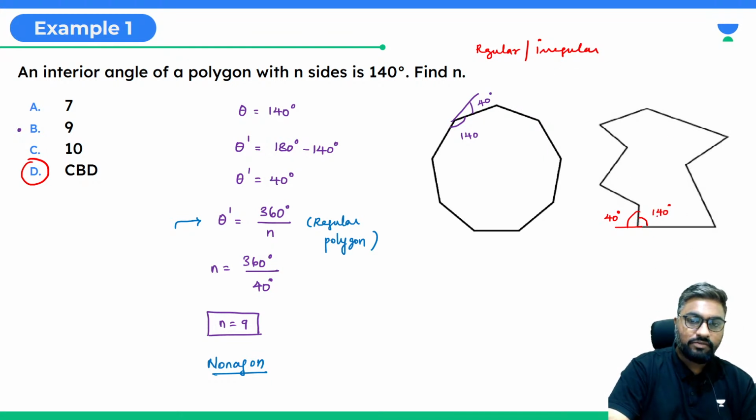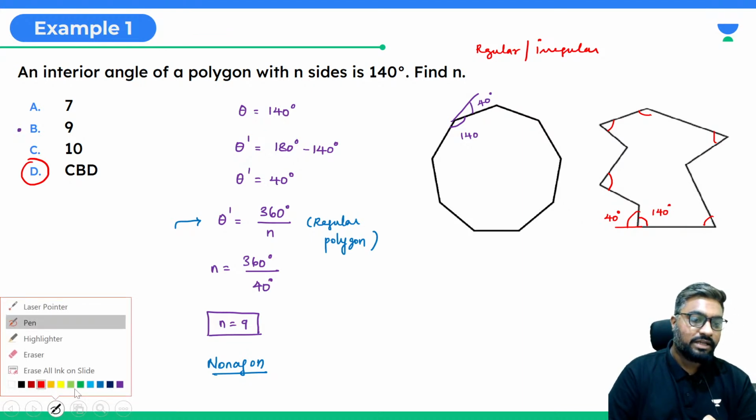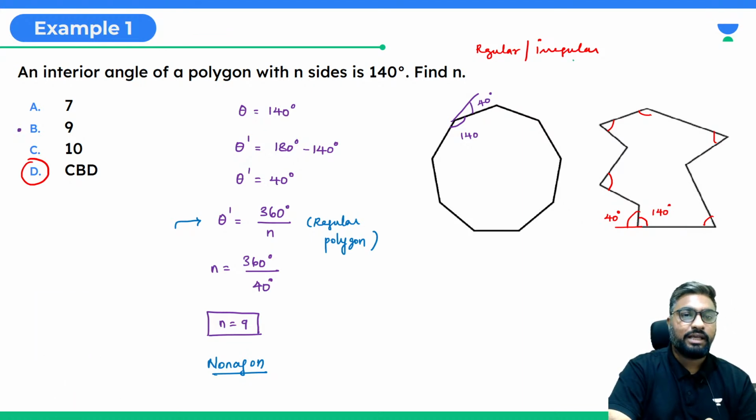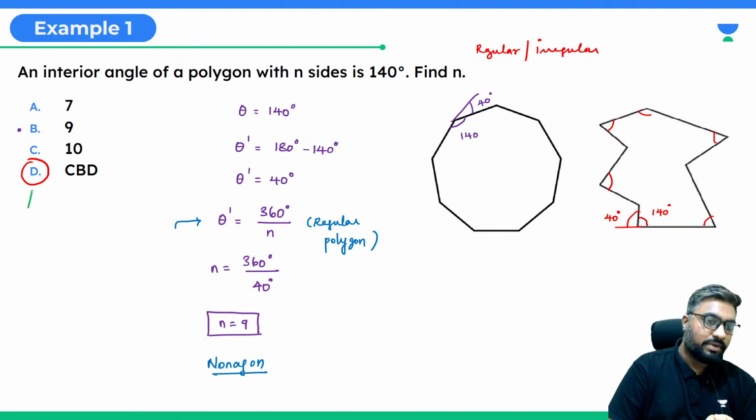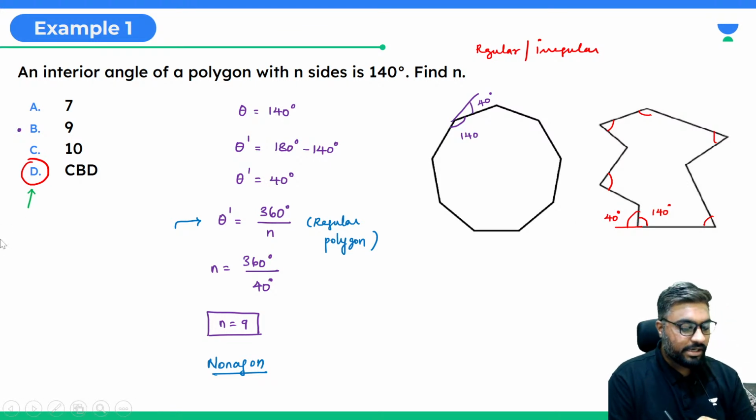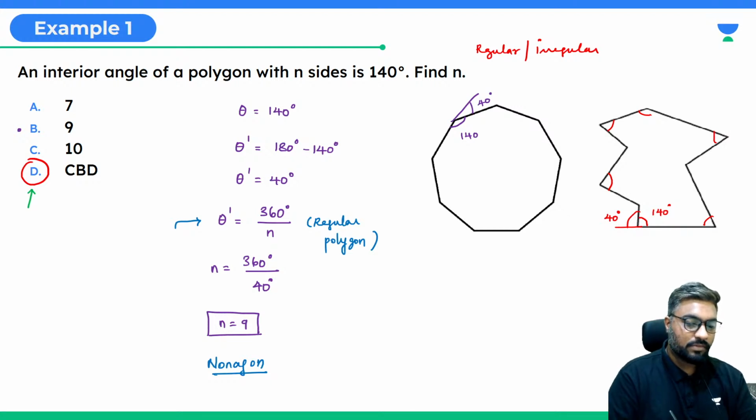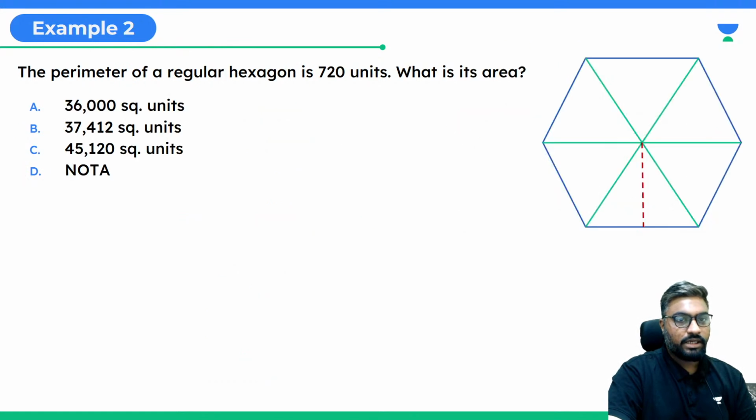It won't, right? Does this look like 140? No. So since it is not given whether the polygon is regular or irregular, you can't assume. Do not assume. The answer is cannot be determined. Clear? I hope you guys got my point. Okay. Chaliye, next question.